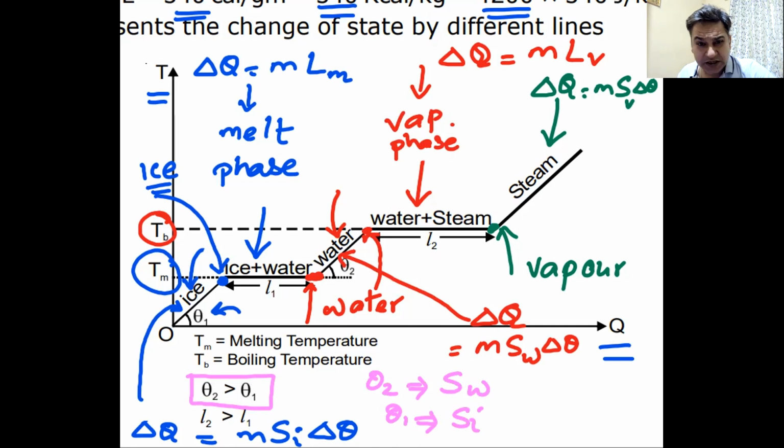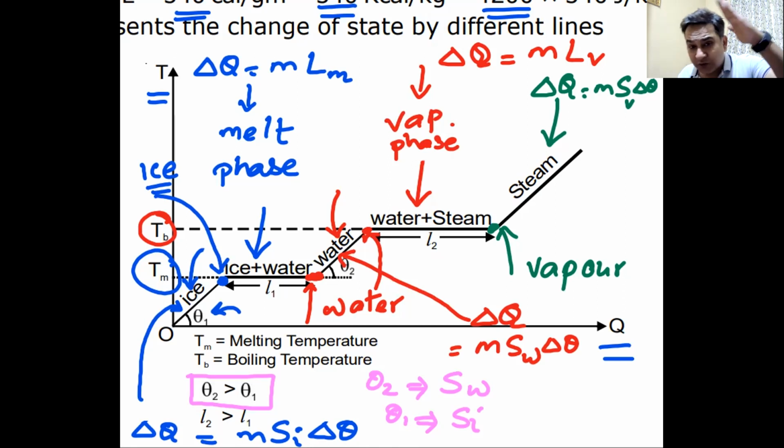If the specific heat is more, the line is going to be less bent. Specific heat is less, the line will be straighter. So it depends on the specific heat. It is inversely proportional to the specific heat.